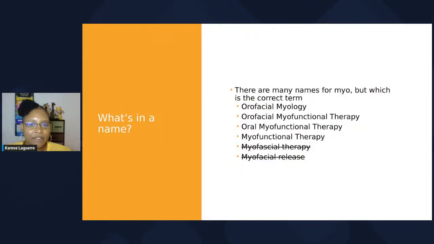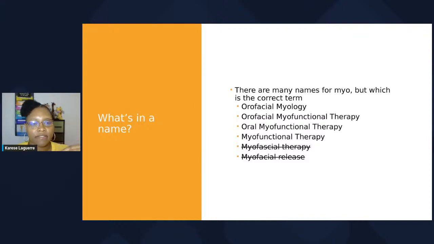So let's figure out between oral facial myofunctional therapy, oral myofunctional therapy, and those last two, typically when people are talking about myo, they might reference it as OMT instead of using MYO as the abbreviation. So those two are the ones that you may have gotten that OMT reference from, and then just plain old basic myofunctional therapy.